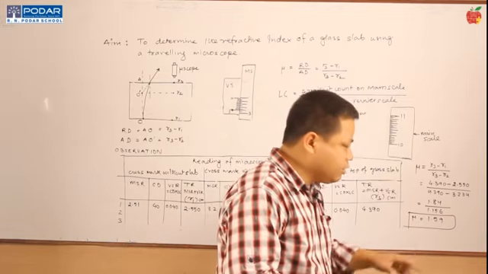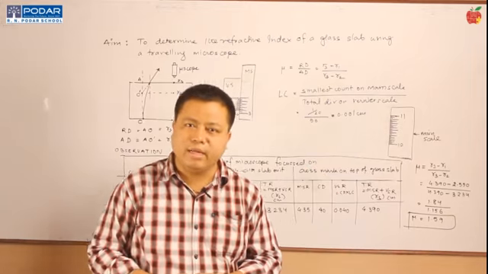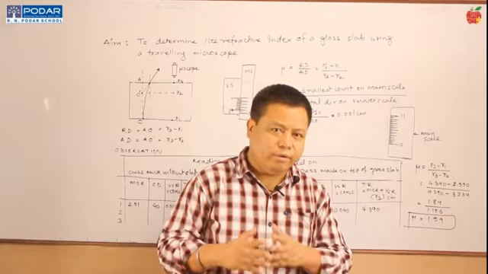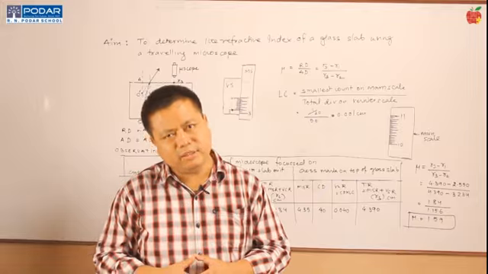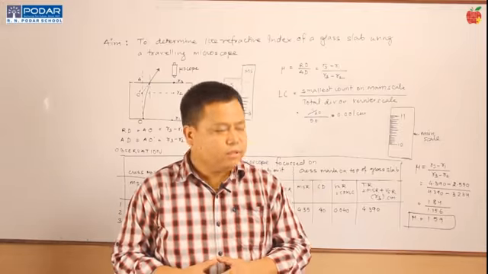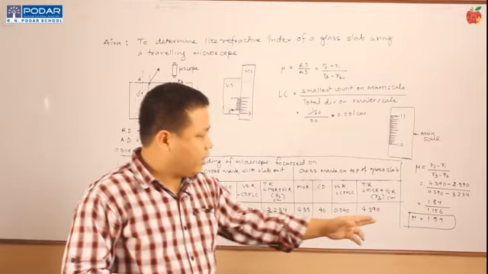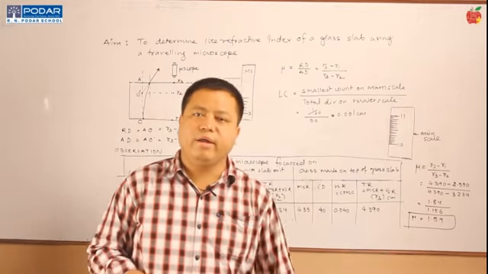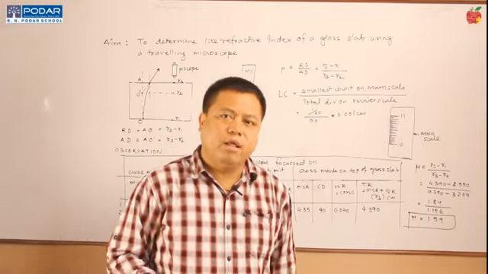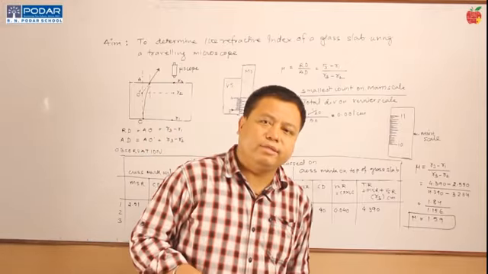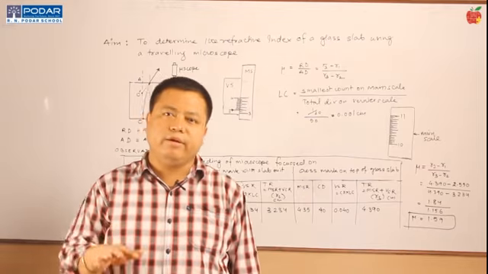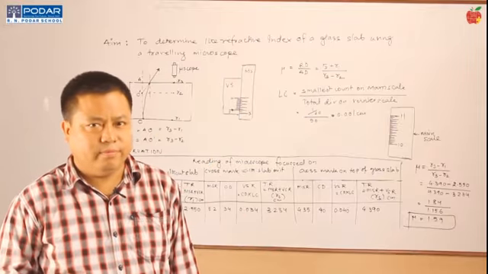For this observation I am getting a refractive index of 1.59, and you know the standard value is 1.5. You can repeat the experiment and get another mu, and finally take the mean of the three values of mu, and the average should come nearly to 1.5. Thank you.